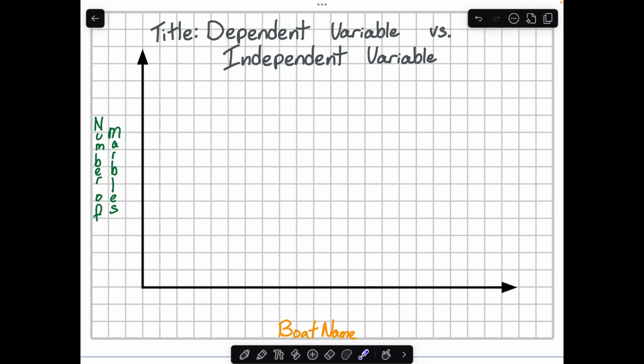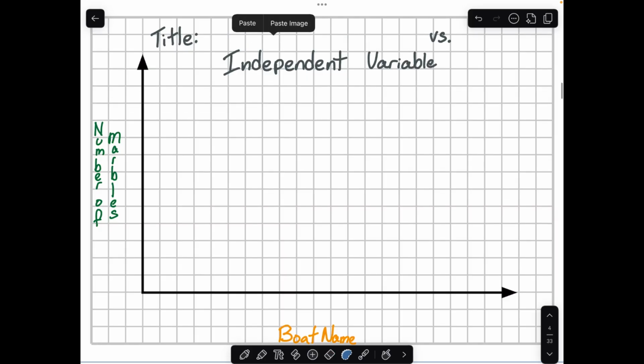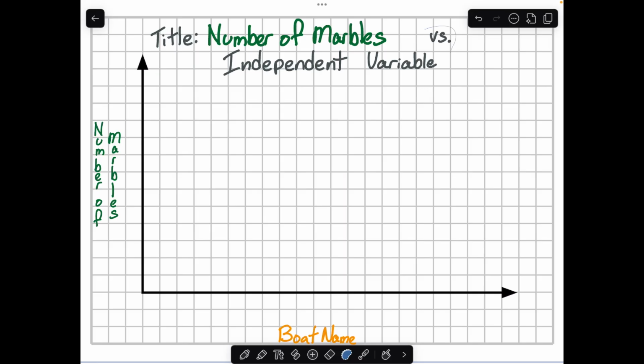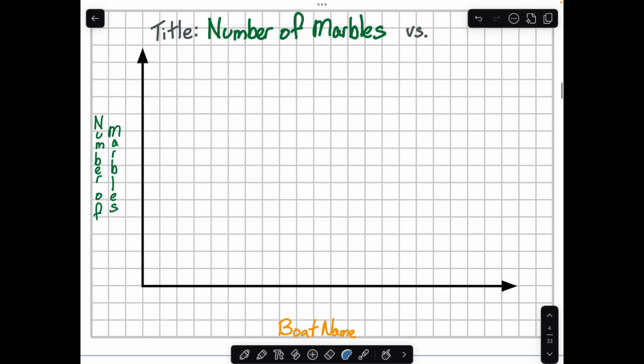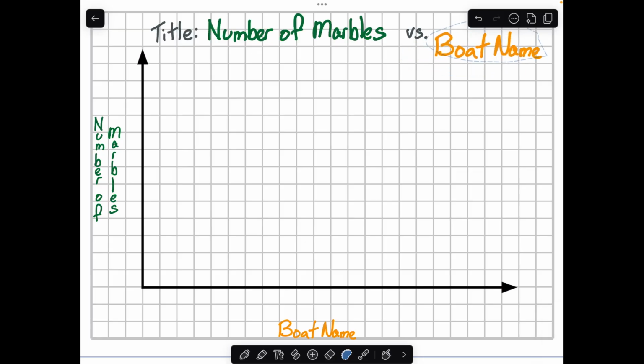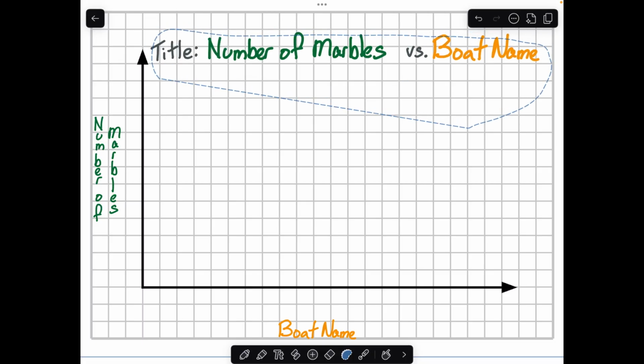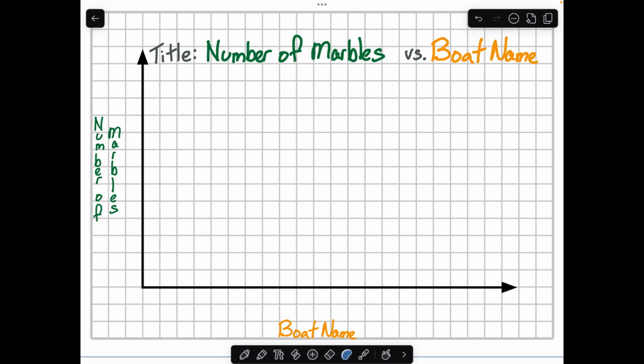The title is dependent variable, number of marbles, versus independent variable. What does it mean to put the boat name variable on the horizontal axis?